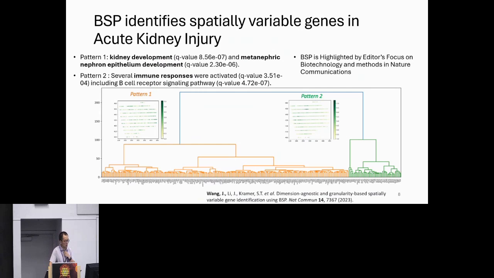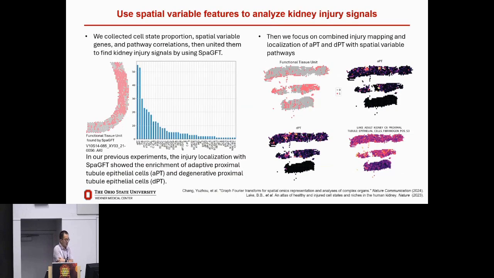One is related to kidney and epithelial development, and the second is related to immune responses. They are consistent with biological knowledge. We then connected cell state proportions, spatially variable genes, and pathway correlation, and united them using SPHGFT, which was just accepted in Nature Communications.